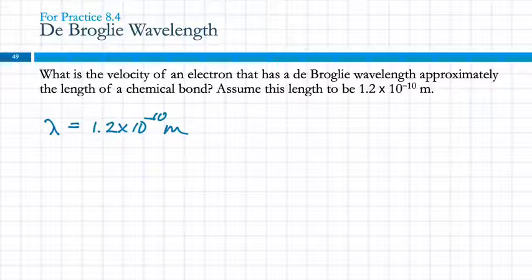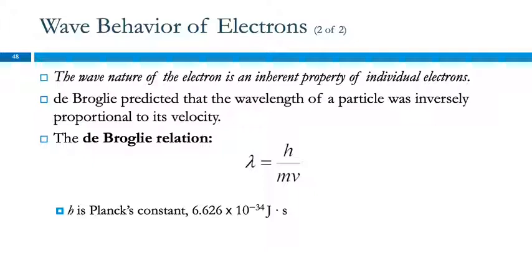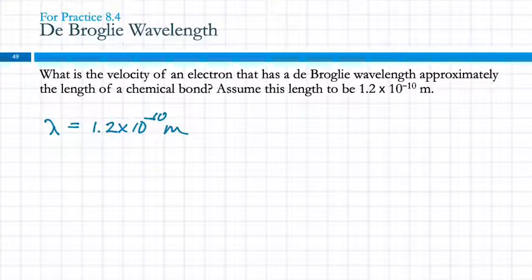Well, what does the equation say? Lambda equals h over mv, velocity. So we're trying to find the velocity. That's this guy right here.